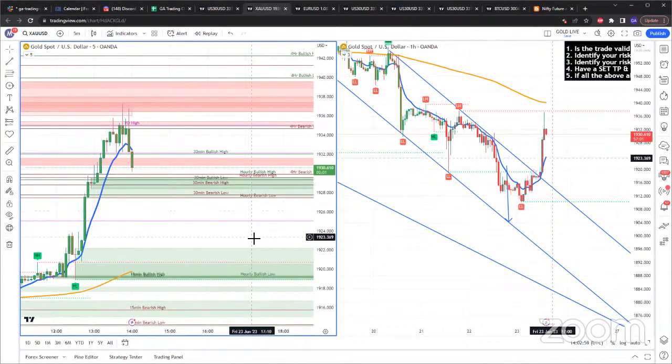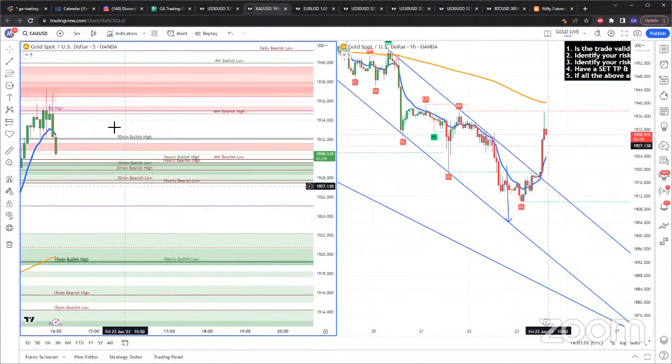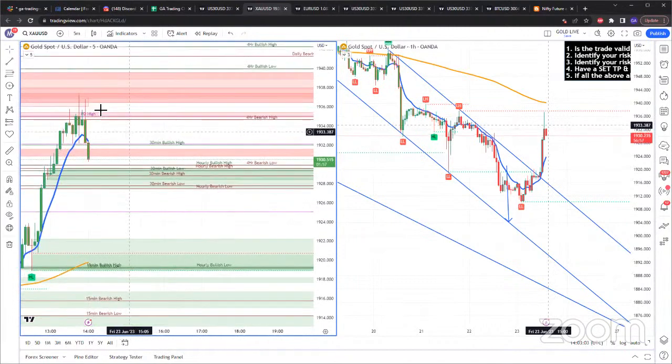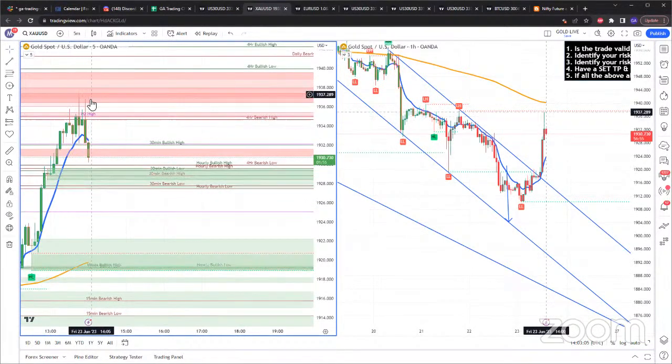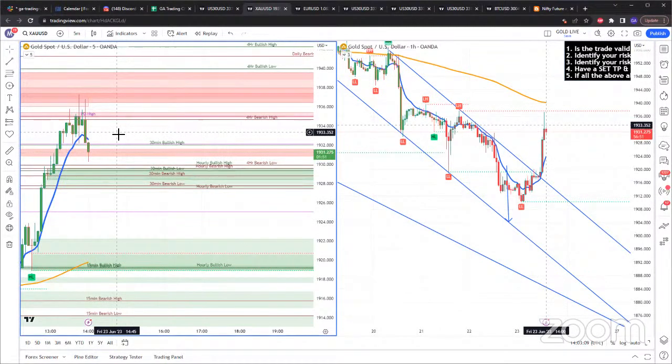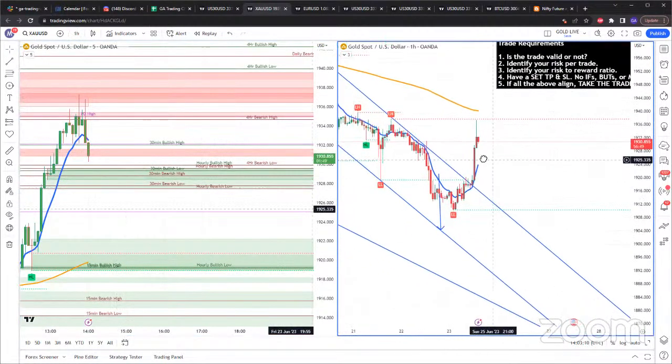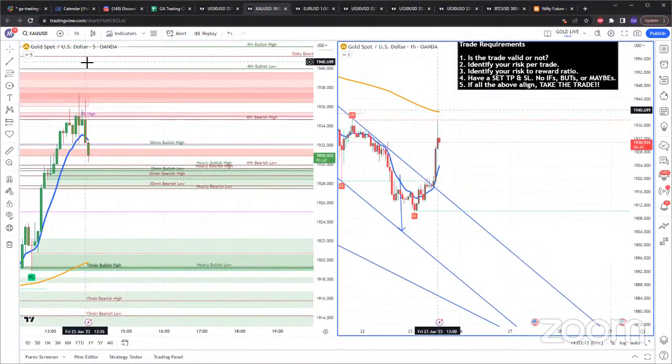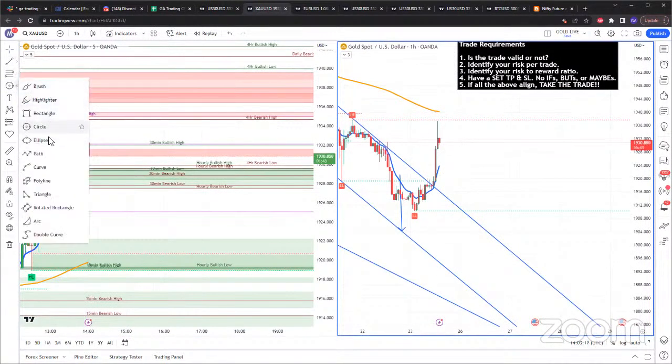Where is gold rejecting from? This is too easy. The 4-hour bearish high. So this would have been a perfect area to enter any sells you had on gold. However, if you ask me, looking at the hourly time frame, what do I know? What's another thing I know about EMAs?